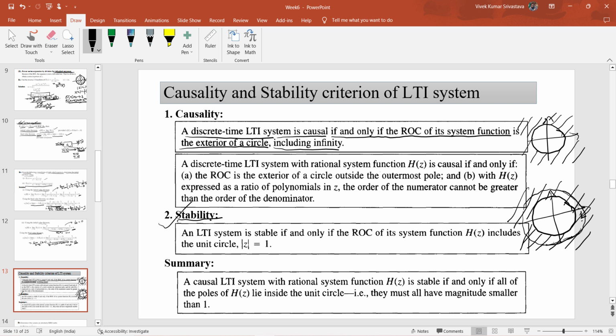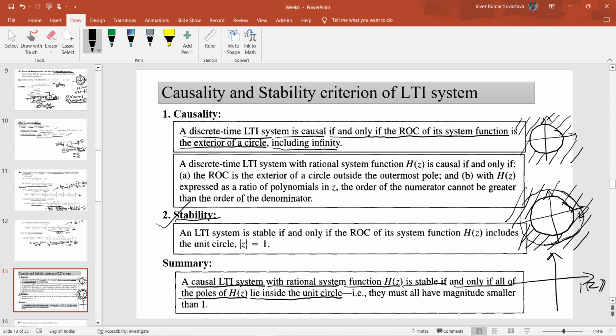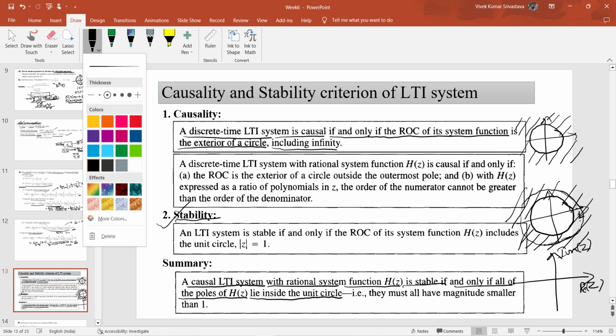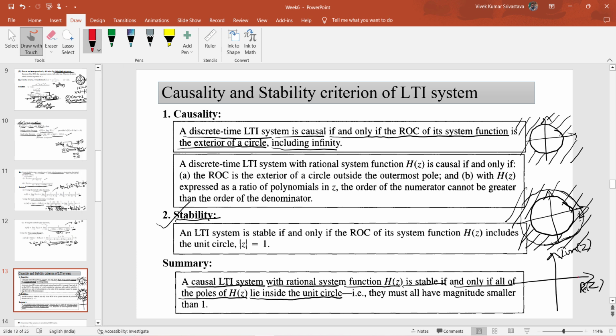Okay, so as a summary, a causal linear time invariant system with rational system function H(z) is stable if and only if all the poles of H(z) lie inside the unit circle. So suppose this is my z plane, this is the real part of z, this is the imaginary part of z, and this is the unit circle.